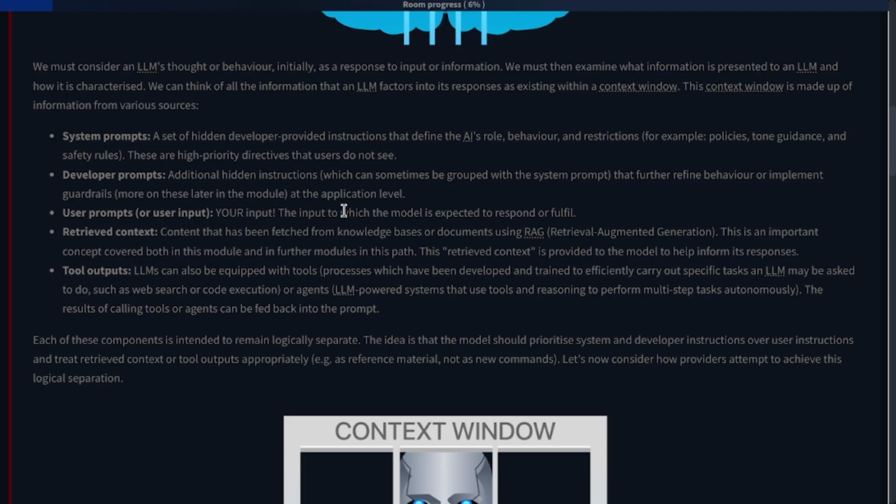Then there's the user prompt, which is the user input, and the retrieved context is the content fetched from the knowledge bases using RAG, a technique used to query external resources. And the tool outputs: for further enhancing the result, the model uses certain tools like web search or code execution, or agents, which help to multi-step the task autonomously.